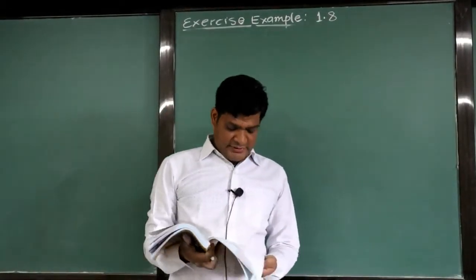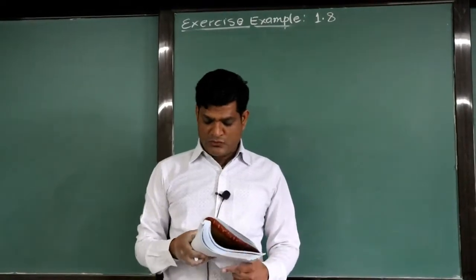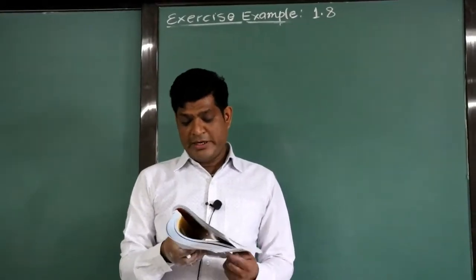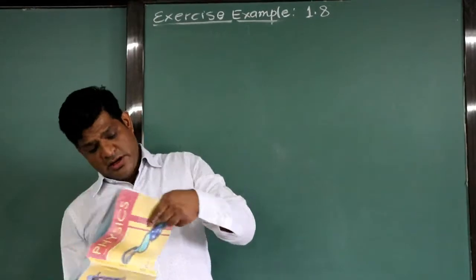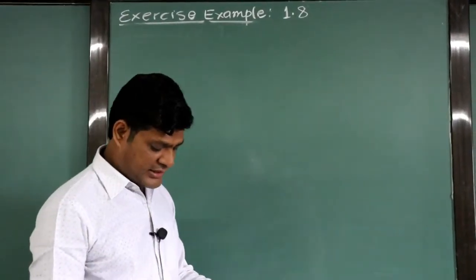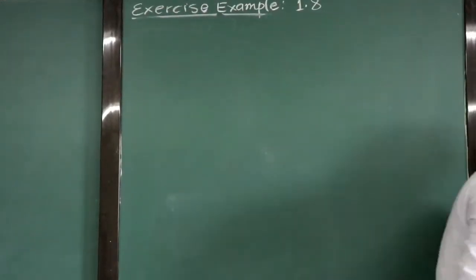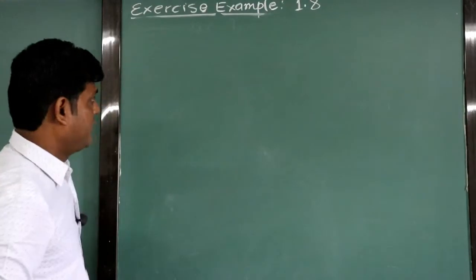See what is given. Two point charges, 3 microcoulomb and minus 3 microcoulomb, are located 20 centimeter apart in a vacuum. What is the electric field at the midpoint of the line AB joining the two charges? This is the first question. The next question we will see in the next part.